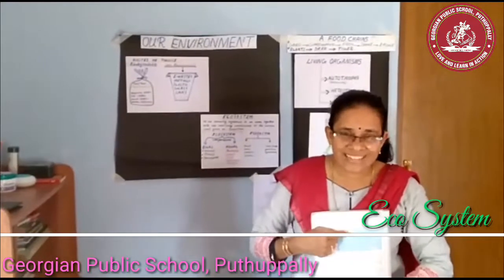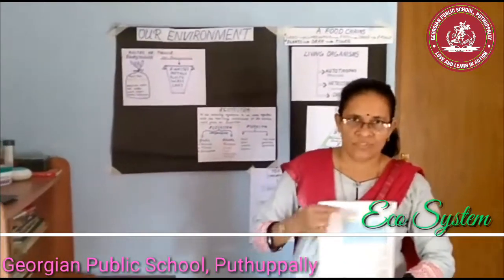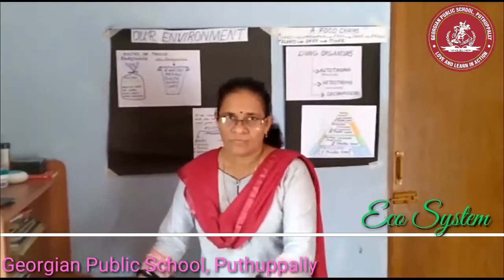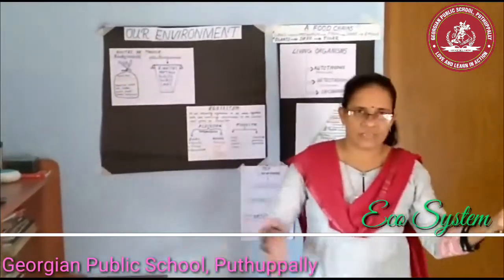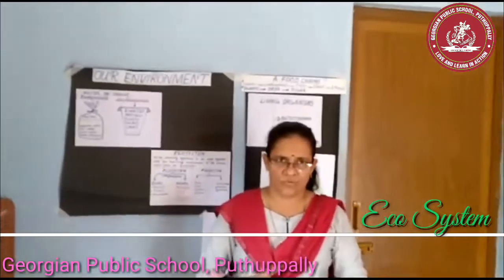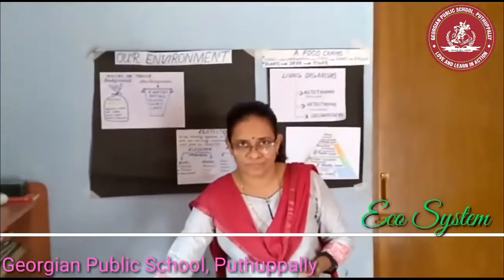You just read the textbook and find out which is that ecosystem mentioned in the textbook. You might have this artificial ecosystem in your home also. Some of you will surely have this at home.